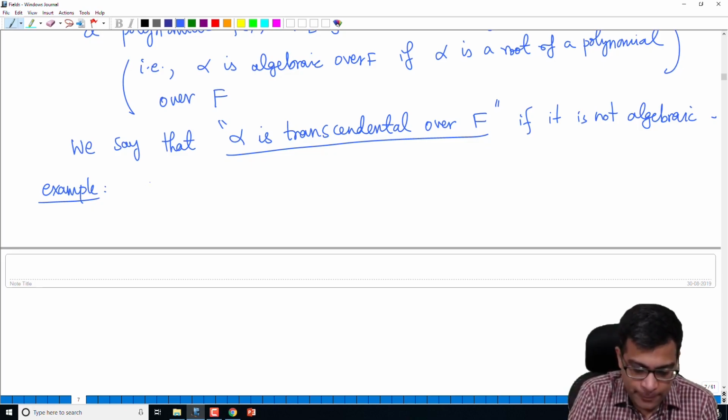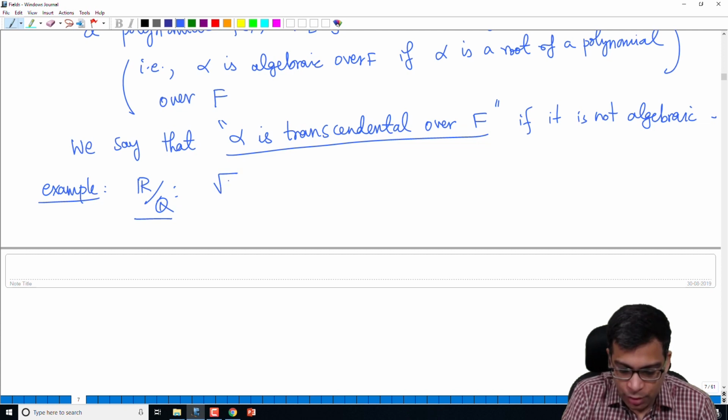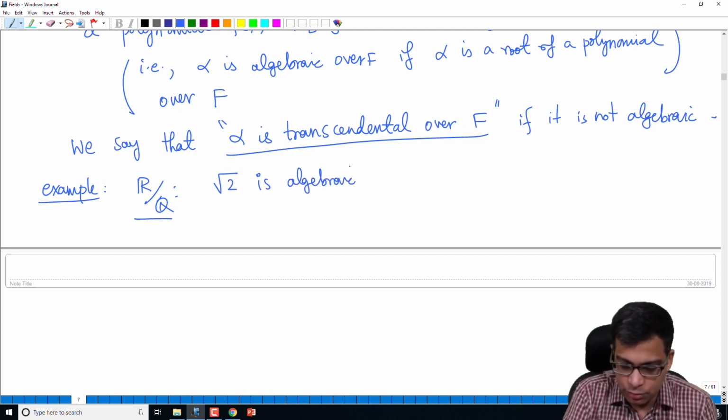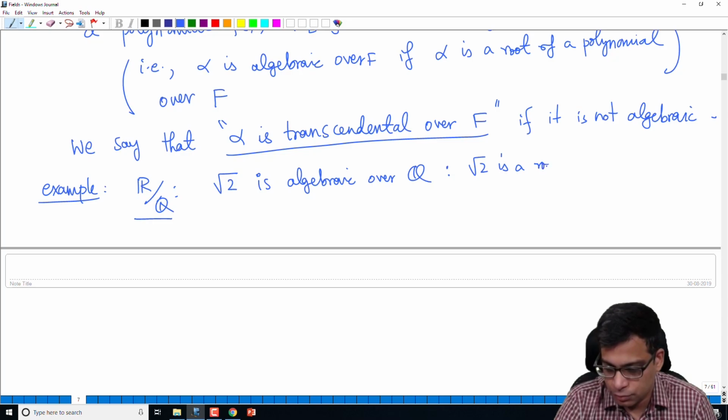So let's take the extension R over Q. For this example, we see that root 2 is algebraic over Q. Why is this? Because root 2 is a root of x squared minus 2, which is in Q[x].